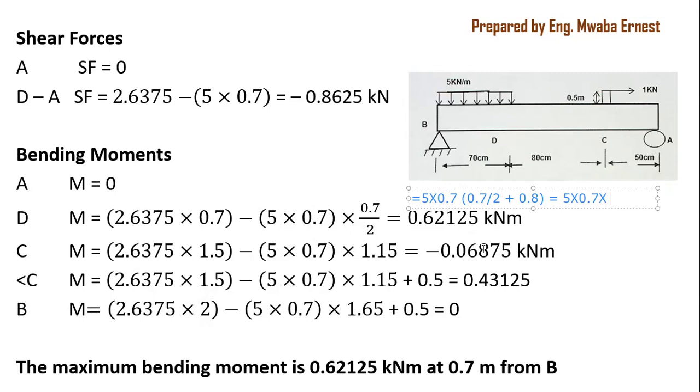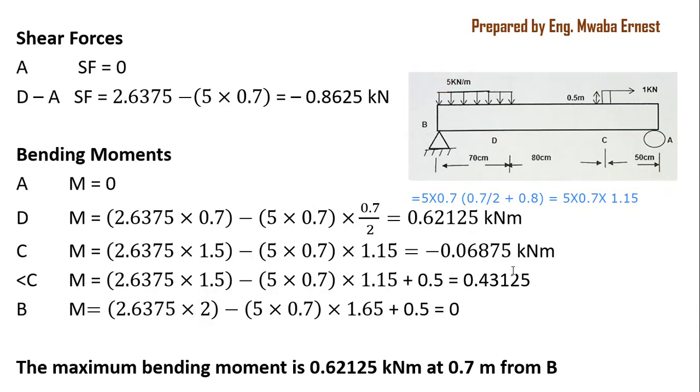What does that give us? It gives us 1.15. So this is the combination you see there, 5 times 0.7 times 1.15, giving us a negative result, negative 0.06875.